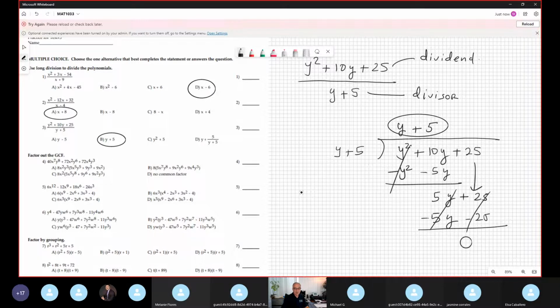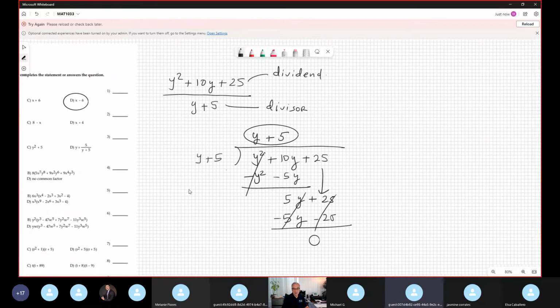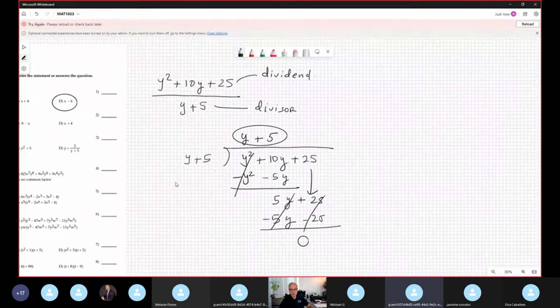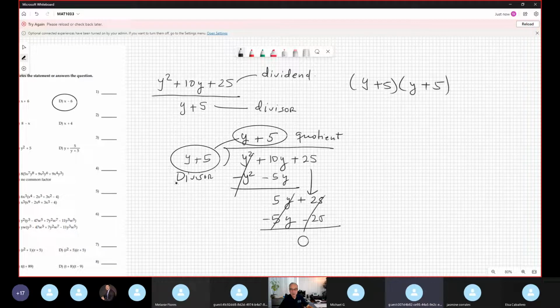You want to verify if this answer is good. You multiply the quotient by the divisor. In this case, they are identical twin brothers. The multiplication for confirmation, not mandatory, is quotient times divisor.